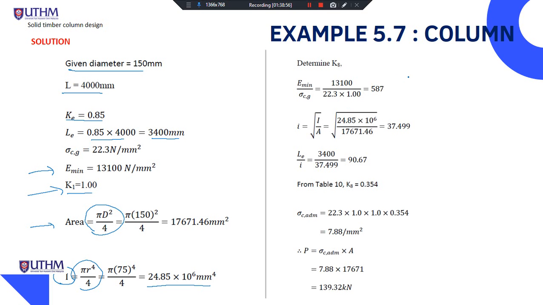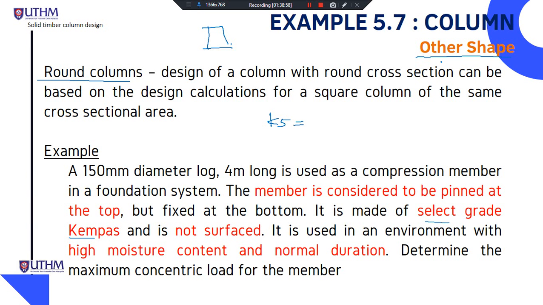We need to determine K because the question is to determine P, and this foundation system receives only axial compression load. No mention about bending.